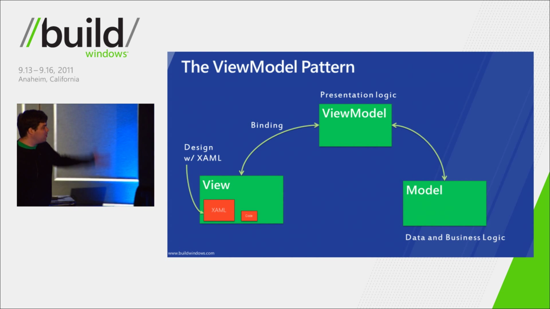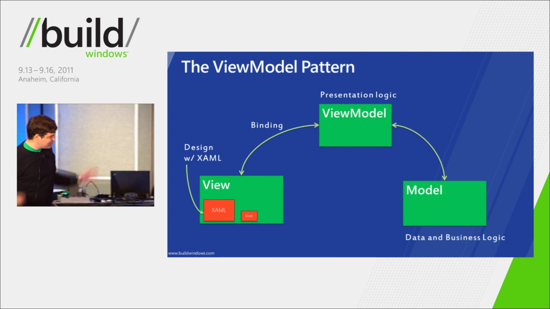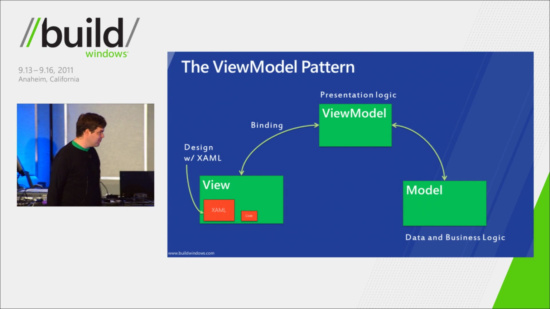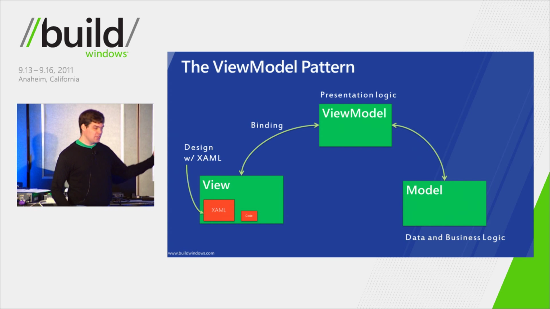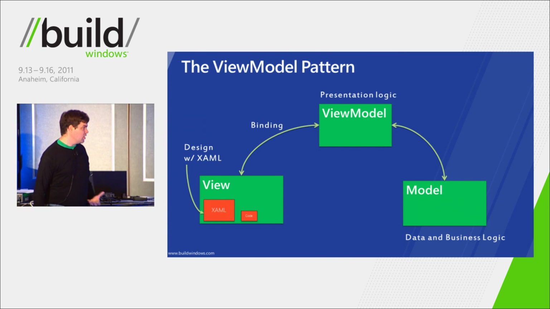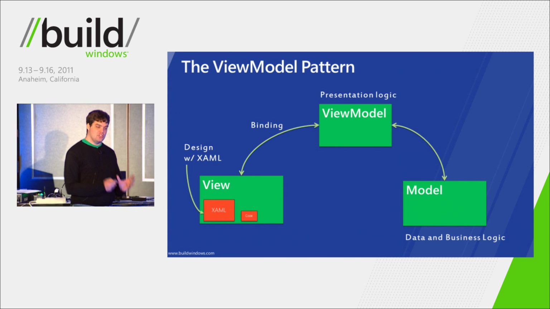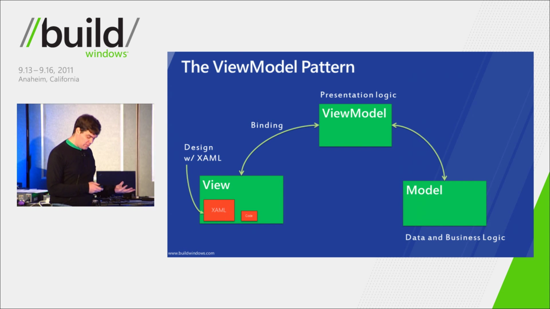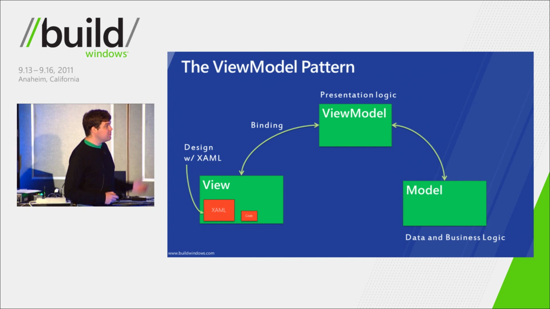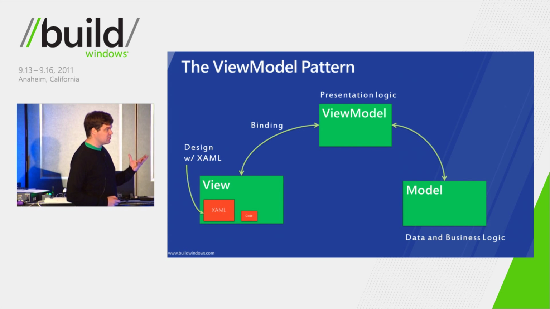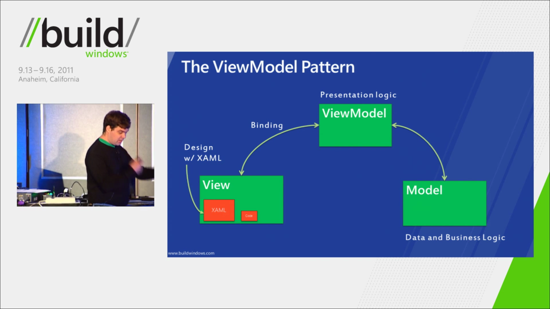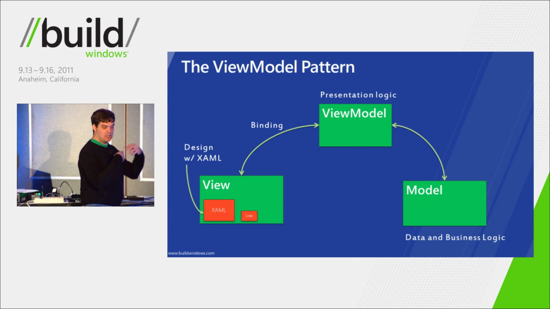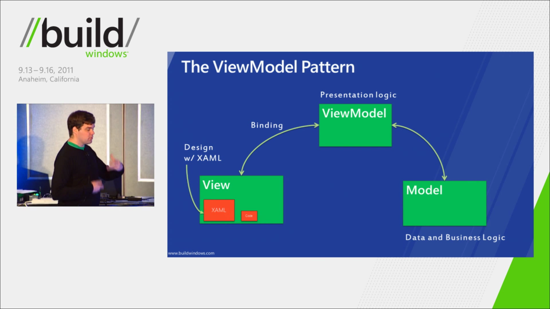This is a slide I borrowed from John Papa and adjusted a little bit, if you're familiar with him. These are the 3 elements in an MVVM application. Basically, you separate what you're going to display from how it's going to be displayed. The view model controls what will be displayed, and that is a class that exposes properties and commands that will be shown and reflected in your view.